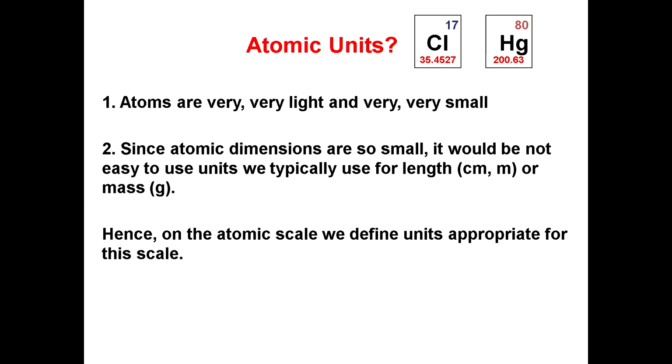So atoms are still very, very light and very, very small. If you just use centimeter or meter or gram, the number will be very, very small, right? So we can use another way to describe the size and the mass of atoms.